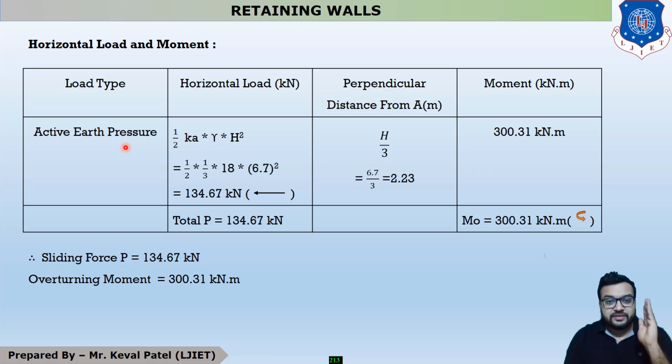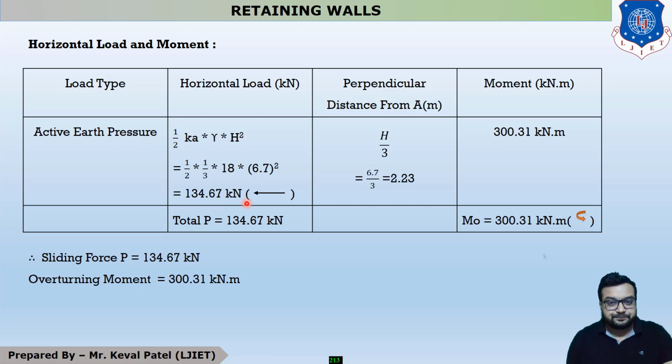The force acting on the retaining wall that tries to move it away is considered active earth pressure. So this is our active earth pressure. The horizontal load equation is the area. What is the area? The area is 1/2 base altitude.